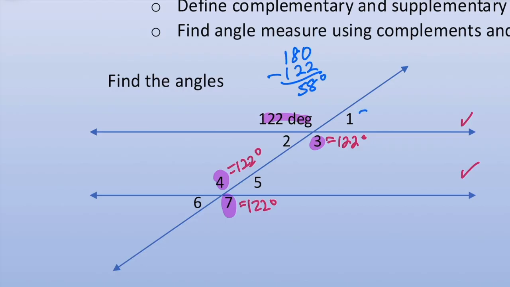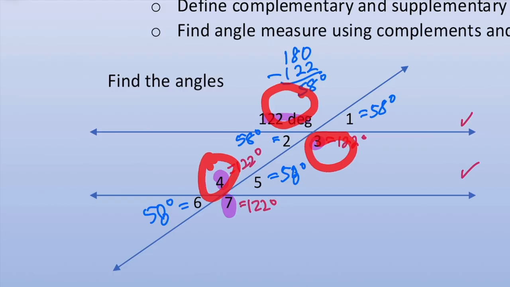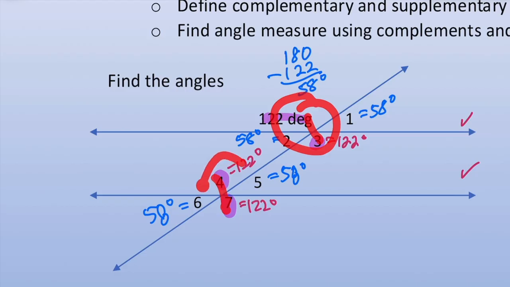So this one is 58, and because this one is across from it, it is 58, and this is 58, and this is 58. So again, 122, 122, 122, 122. Why? These are across from each other. These are across from each other. If you pick these up, they would land on top. They would correspond to the other perfectly.